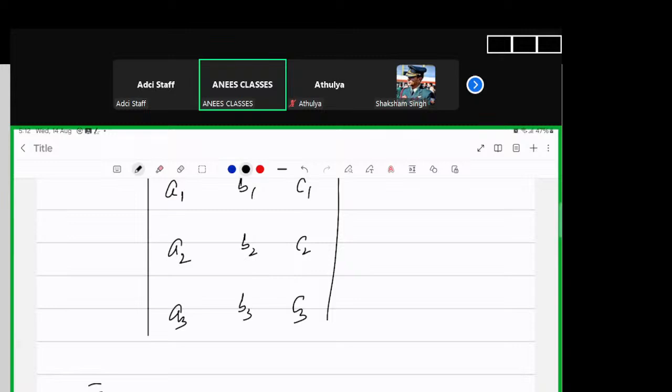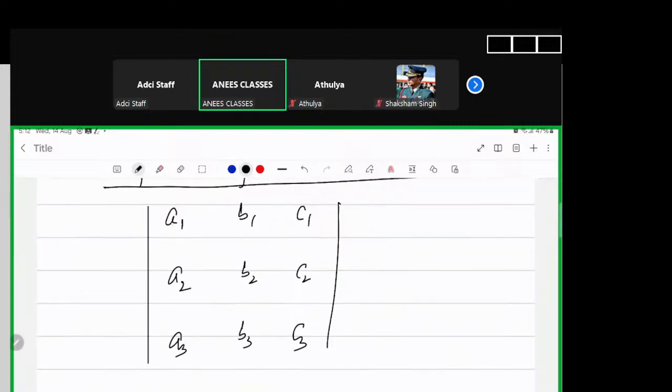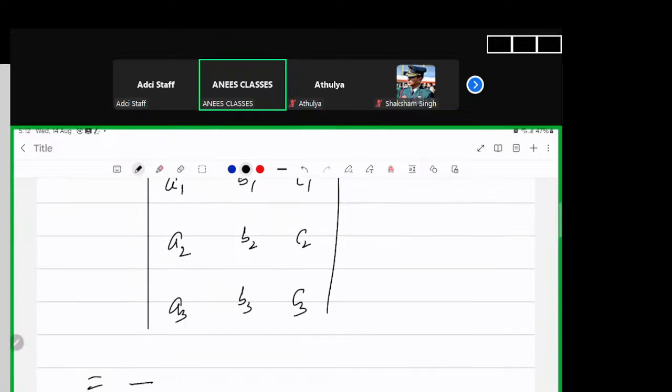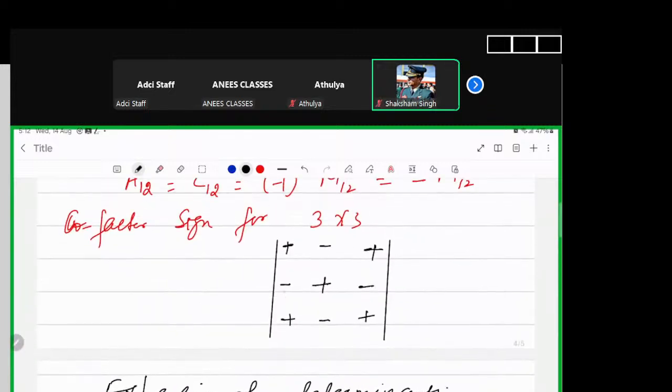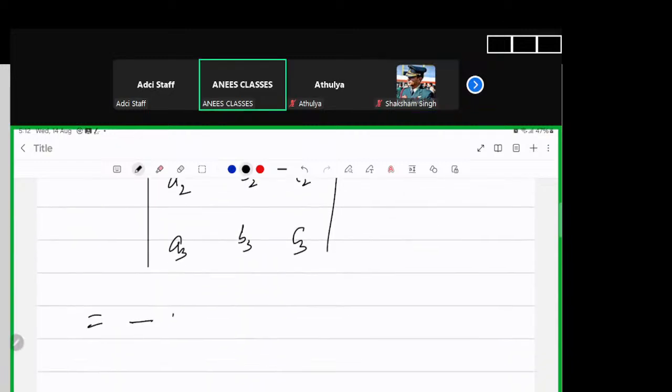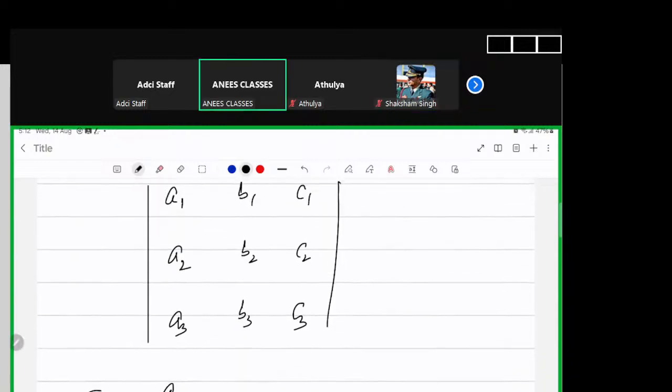So in the second row, the cofactor sign is minus in the first column, so in place of A2 you will get minus as the cofactor sign. Understood? Yes. Here you can see that in the second row, first is minus. Understood? Yes, sir. So minus A2. Now delete the row and column along A2, so you will get B1, C1, B3, C3.